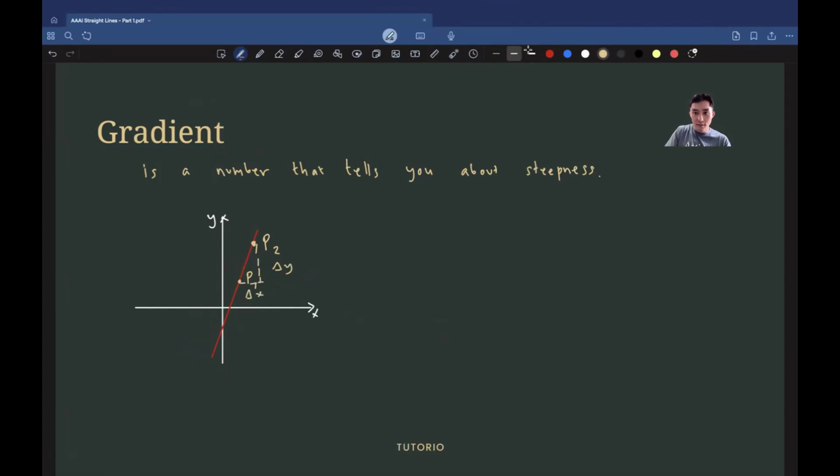So the formula of the gradient, the symbol is m, is the change of y over the change of x. And we say it is the y coordinate of point 2 minus the y coordinate of point 1, over the x coordinate of point 2 subtracted by x1.